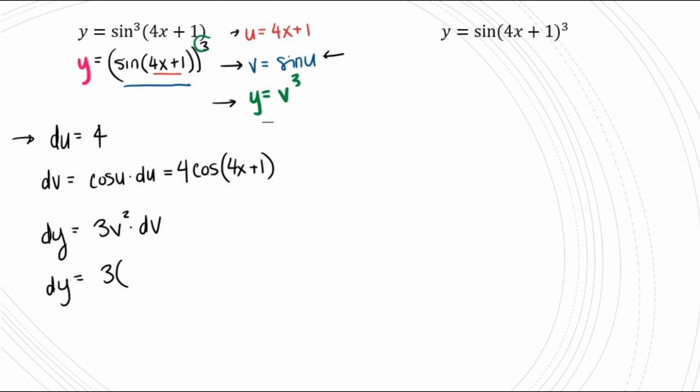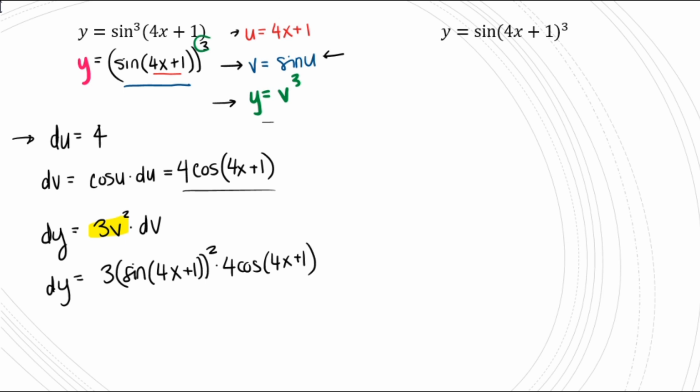V was sine, u was 4x plus 1. So I'm just replacing all the values. You can do it in more baby steps if that works for you. And then I have to put that square back in. So I have dealt with this. Now, fortunately, I already wrote dv up here nicely for myself. So I'm just going to put that beside it.